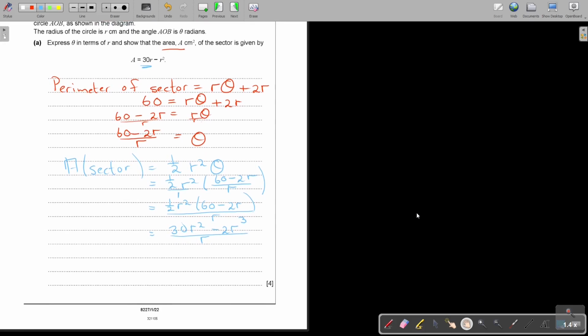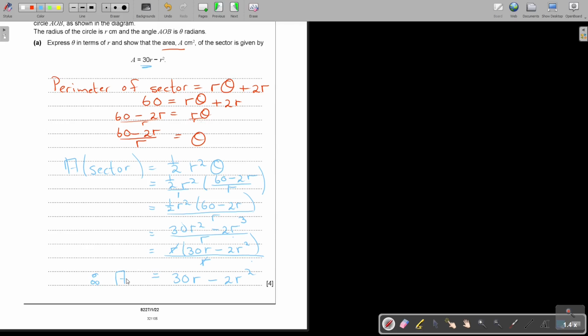What I'm going to do now is take r out as a common factor on top, so it's 30r minus 2r squared, because then I must create one term over one term. There it was two terms over one term, but now it's one term over one term, and the r's can cancel out. So now I'm left with 30r minus 2r squared. And you can end with the statement A equals 30r minus 2r squared.